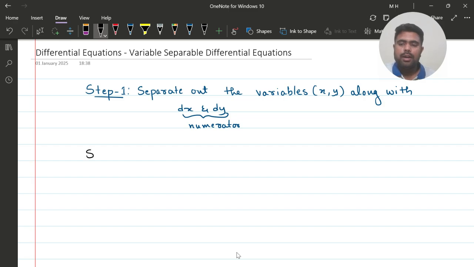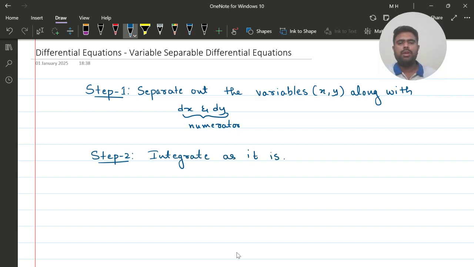And in step 2, what we are going to do is we are going to integrate that equation as it is. However you obtain it, you integrate it. If the variable is x, you integrate it with respect to x. If the variable is y, you integrate it with respect to y.